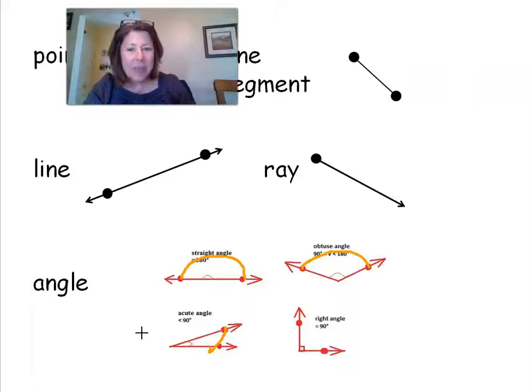It's just a cute little angle. And then I have my right angle. And a right angle is a special angle because it's 1/4 of the circle, and you can form a square. A right angle is also called a square angle because you can form a perfect square right there. And it is 90 degrees, 1/4 of my whole circle.